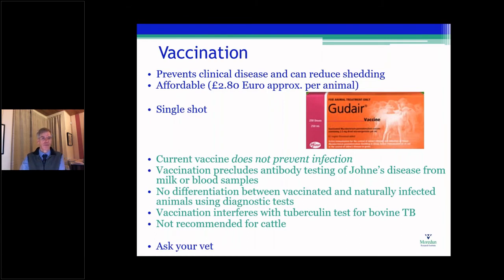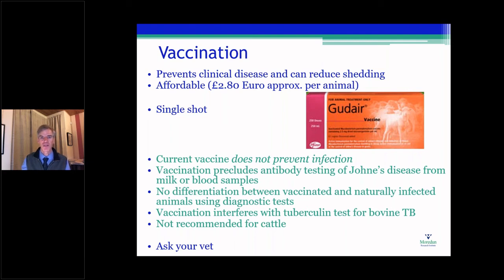The other option is the vaccination. There is a vaccine available for Johne's disease called Gudair, and it can be used, and it does prevent clinical disease and can reduce shedding, but does not eliminate the shedding of the bacteria completely, and it doesn't stop infection.